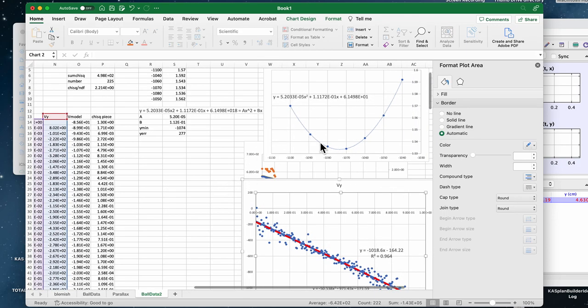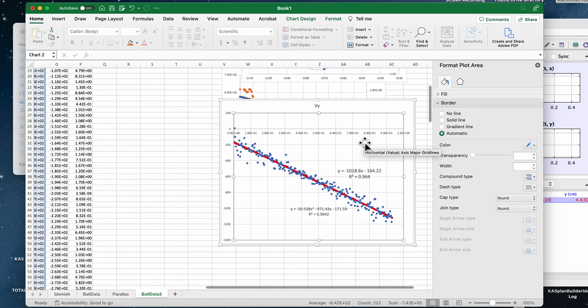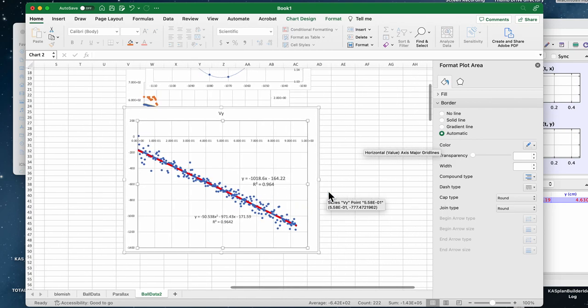And then you find the minimum and then find the error from the parabolic fit of chi-squared and our changing value of G. Okay, but one of the things to notice right away is that the linear fit and the parabolic fit that Excel would do sit right on top of each other.